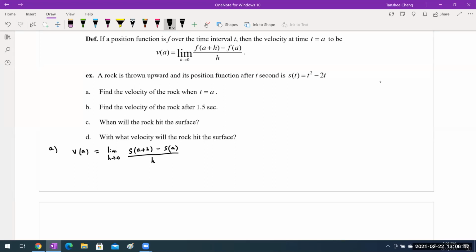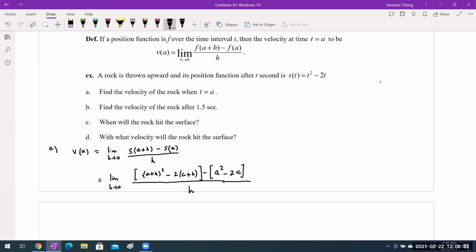So now, computing this limit as h approaches 0 of, in brackets, we're going to substitute a plus h into the s function, which is going to be a plus h squared minus 2 times a plus h, close bracket, minus the function evaluated at a, which will be a squared minus 2a, all over h.